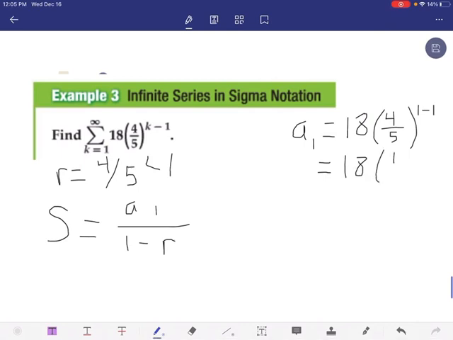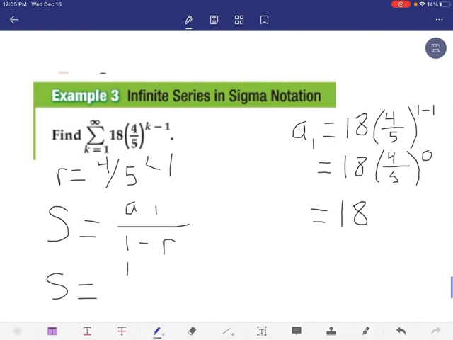So notice that we have 1 minus 1, which gives us 0. So we would have 4/5 to the 0 power. Thinking back to our exponent rules, remember that anything raised to the 0 power is going to be 1. So our 4/5 to the 0 power will be 1. We then multiply that by 18, so we just get 18.